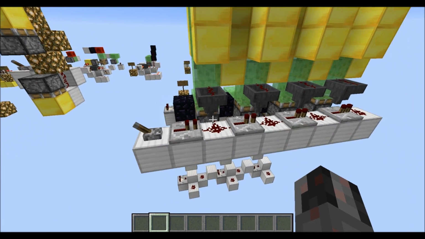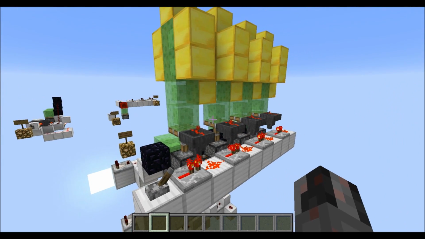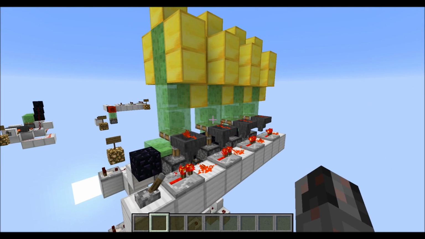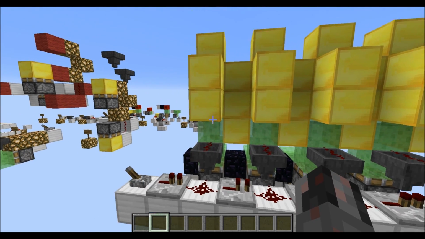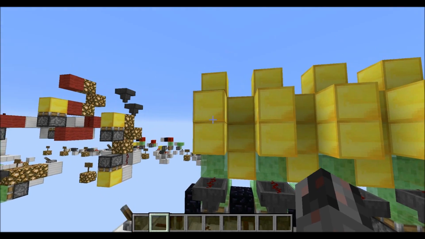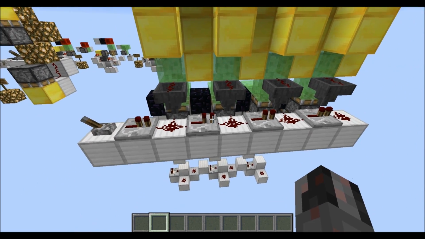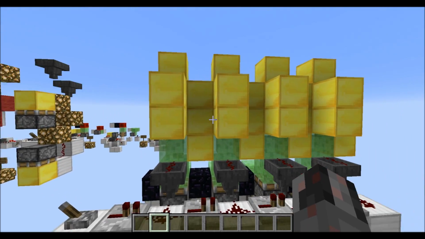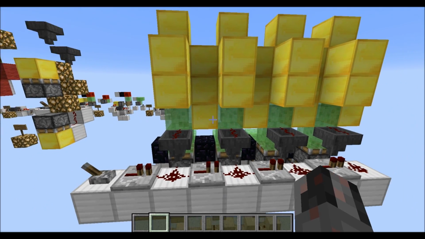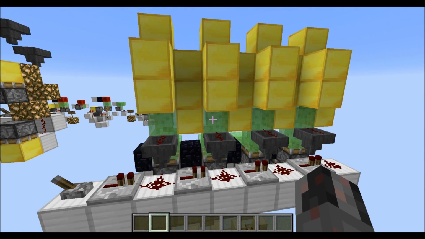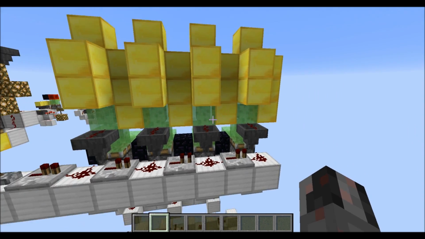But if I power those two modules with a 1 tick delay, they can work, as you can see here. And this is just because the first module is extended, and during the 1 tick it's extending, or 1 tick later, those blocks are counted as moving blocks, so they don't count towards the moving block limit, and thus the second module is again at only 12 blocks, and so on and so on.